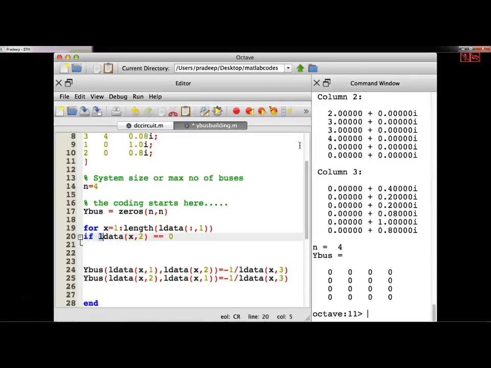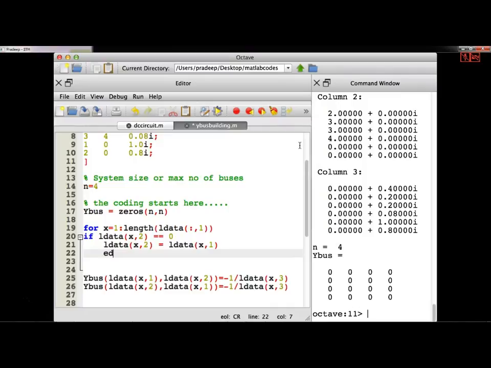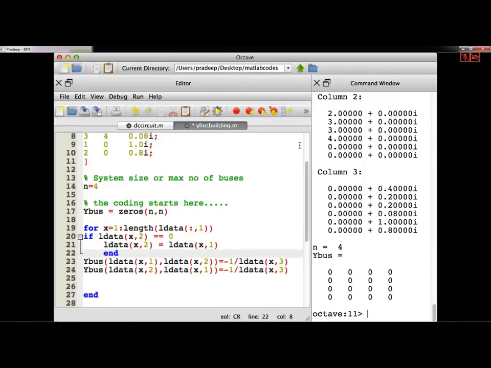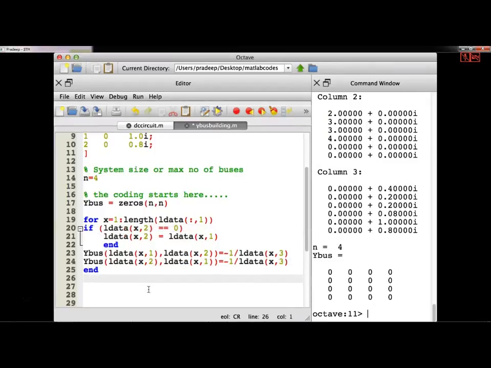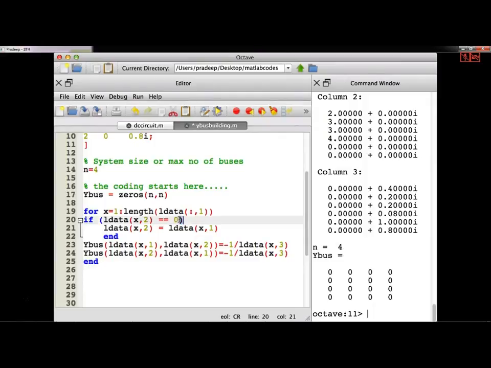then replace it. So this is if there is a 0 in the second line, then that 0 I am replacing with whatever is there in the first line.